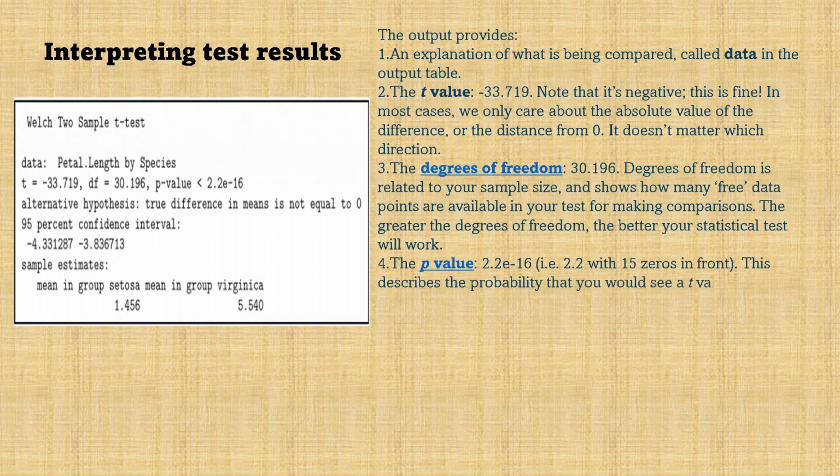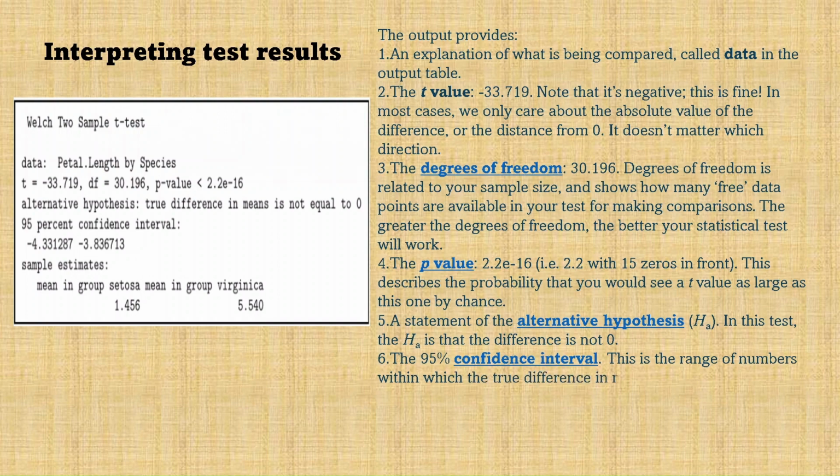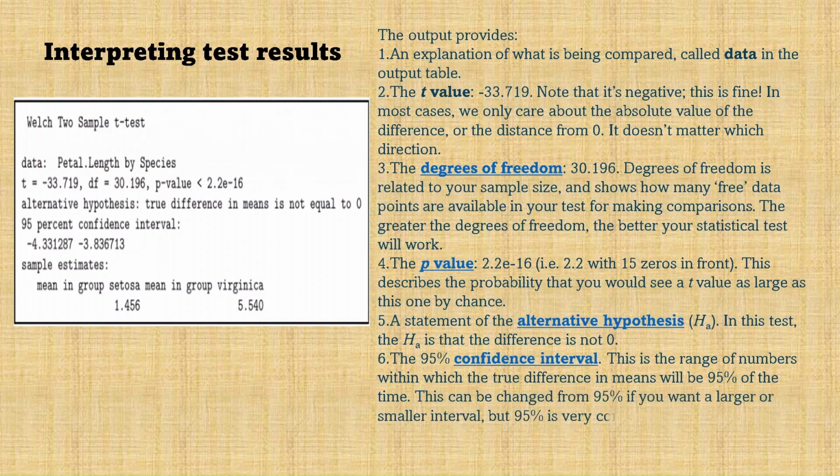The p-value, 2.2 times 10 to the power of negative 16, that is, 2.2 with 15 zeros in front. This describes the probability that you would see a t-value as large as this one by chance. A statement of the alternative hypothesis, H sub A. In this test, the H sub A is that the difference is not zero.